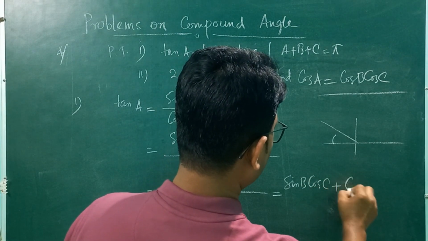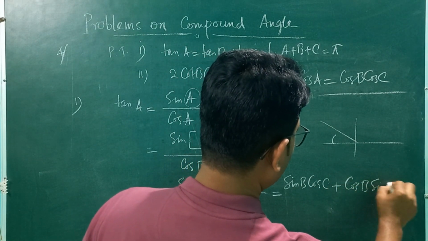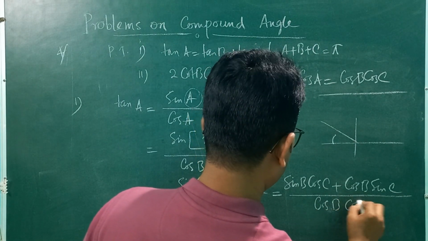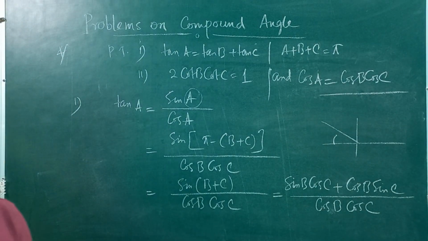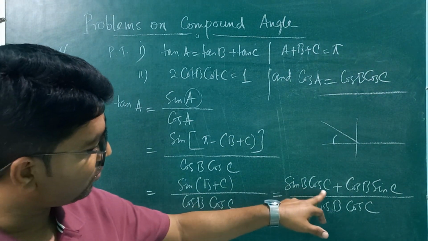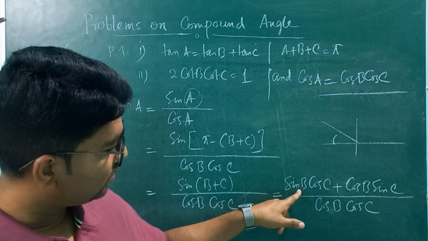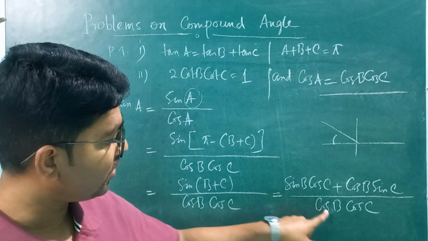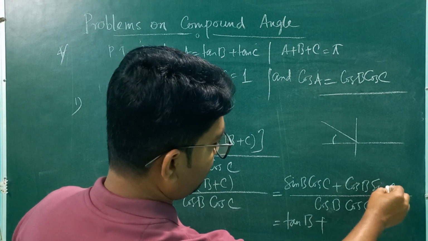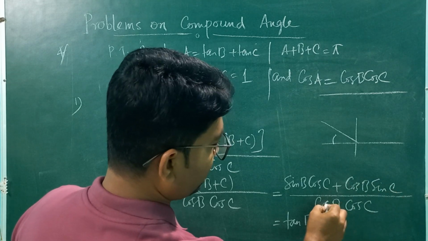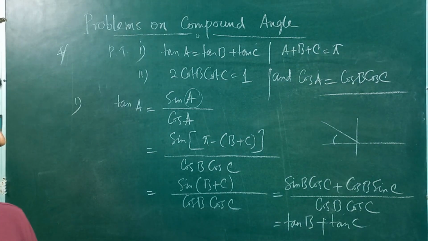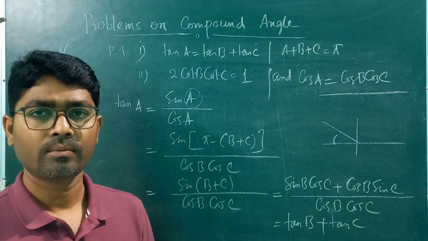Sin B cos C plus cos B sin C, by cos B cos C. Now you can easily understand, if we separate them, sin B cos C by cos B cos C, this cos C will be cancelled, sin B by cos B equals tan B, and in the other term, cos B is cancelled, sin C by cos C, that is tan C. That is our required result. So clear to everyone?